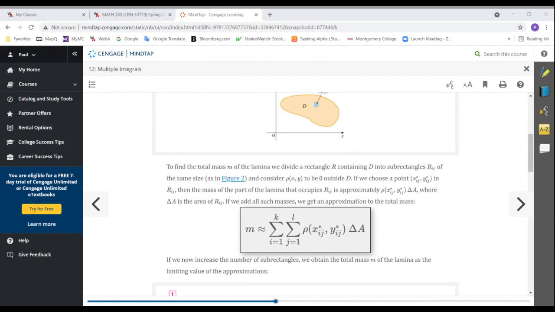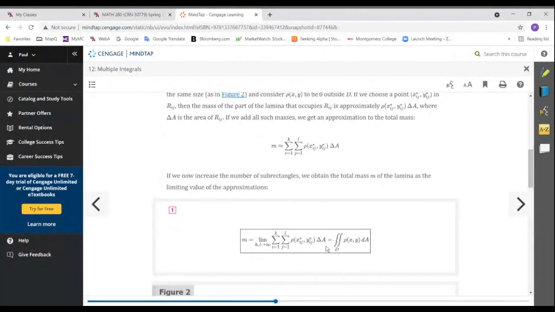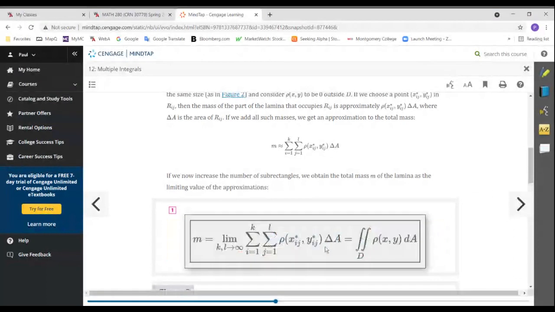And so this idea of mass, if we take more and more points on the lamina, then the mass would actually be equal to the double integral of density times dA over the region D. It's that simple, class. It's really that simple. So, are there any questions on that?